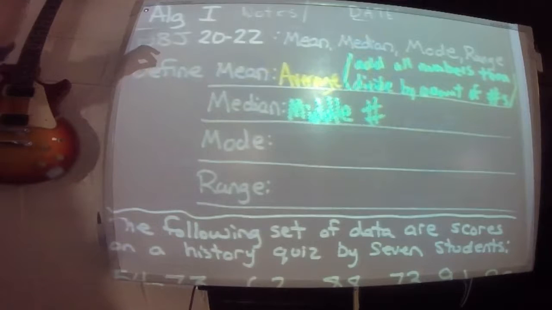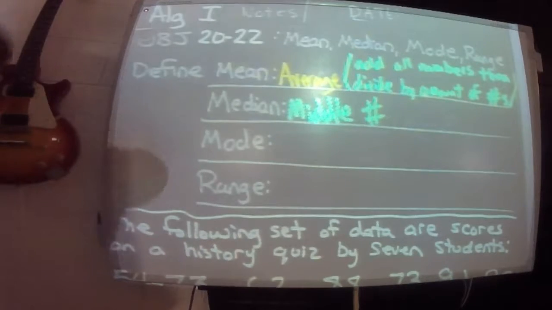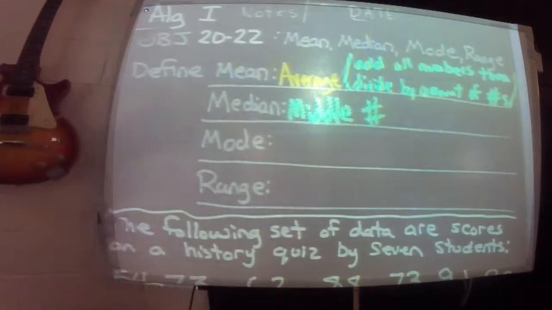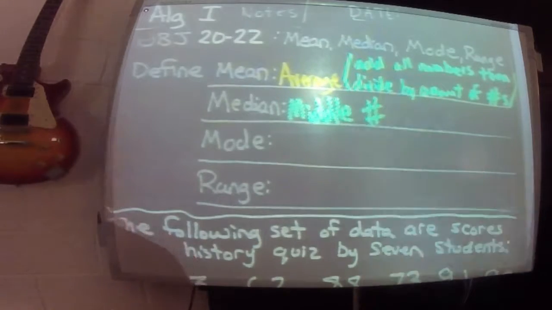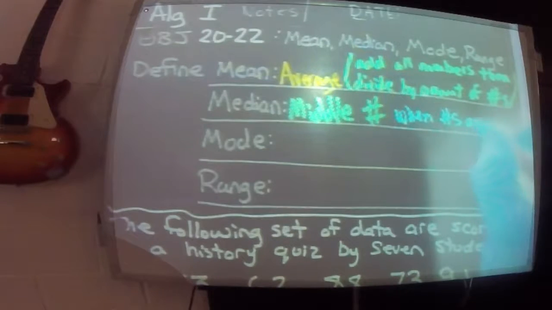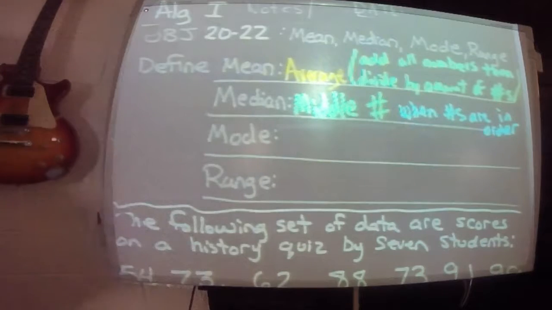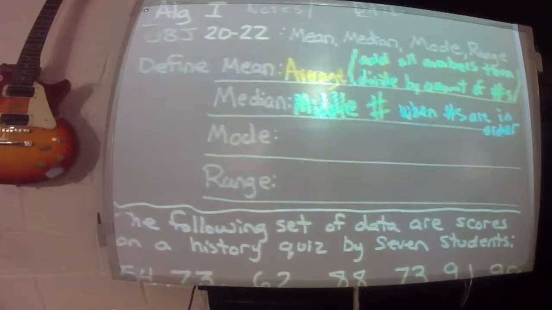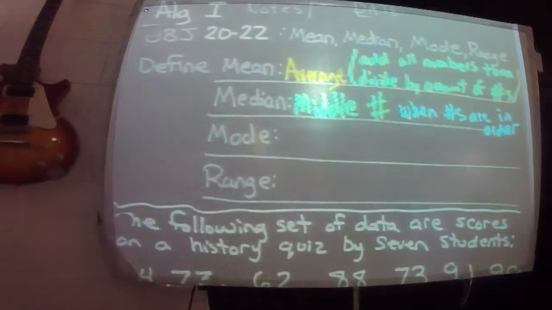You've got to put them in order from smallest to biggest. So it's the middle number when they're in order. So if I just gave you 5 different numbers, you're not going to just say the middle one. You got to put them in order from small to big. Then whatever's in the middle.